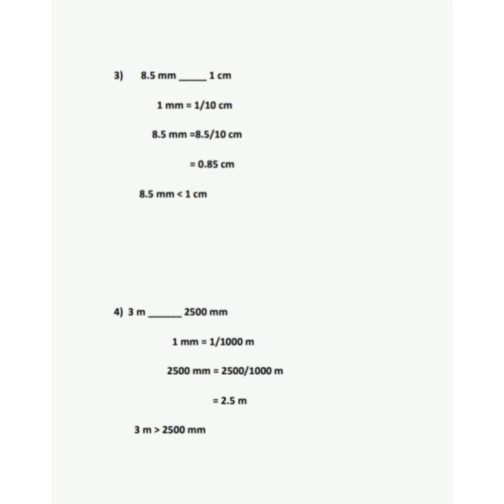So 8.5 millimeter equal to 8.5 divided by 10. We have to divide by 10. 8.5 divided by 10 centimeter is equal to 0.85 centimeter.